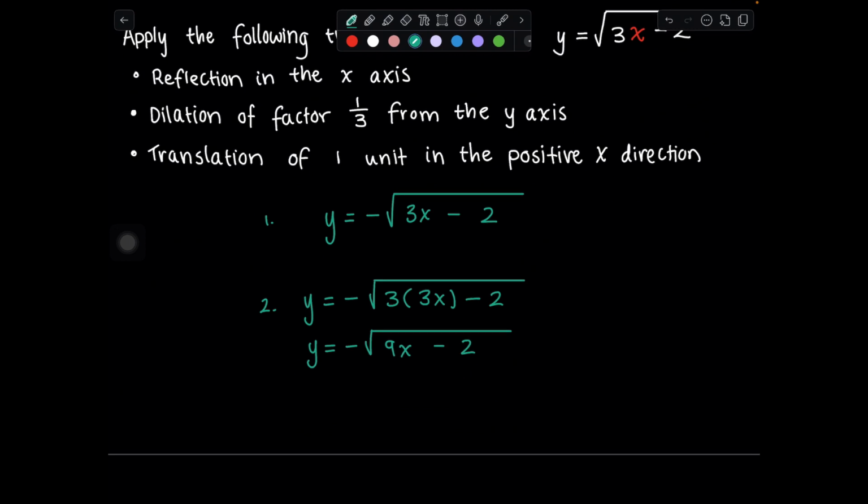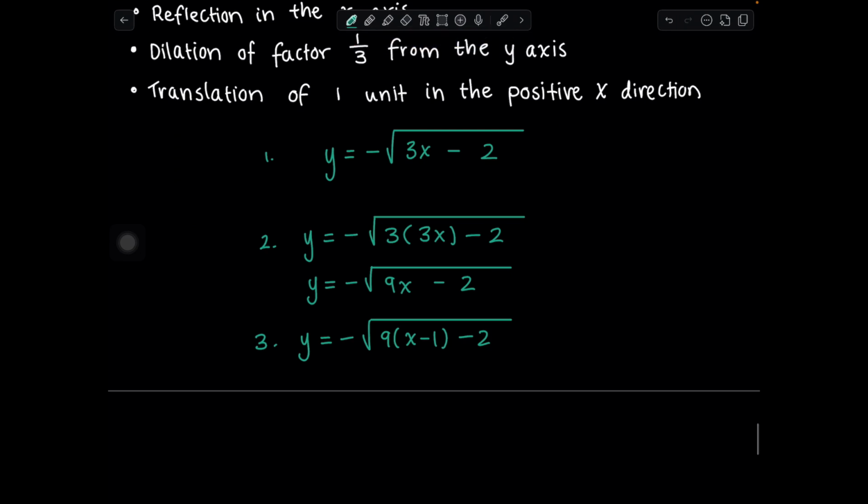Then it says translate 1 unit in the positive x direction. So this is 1 unit to the right. And the way you apply this is you replace every x value with x minus 1. So you'll get this.